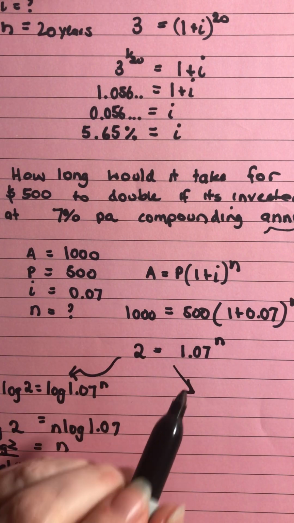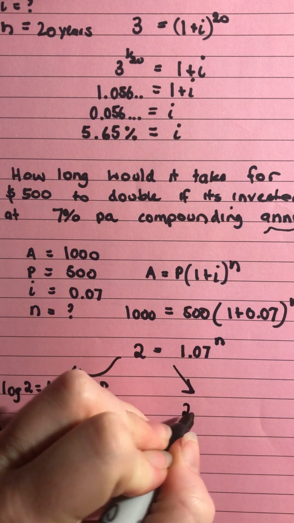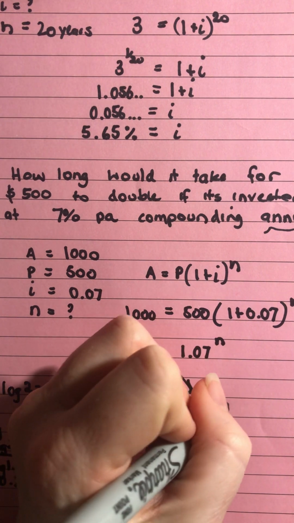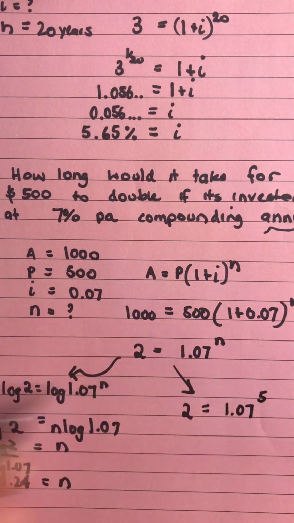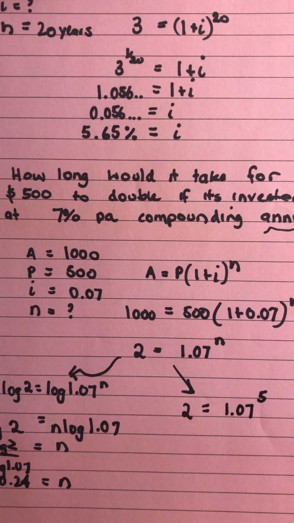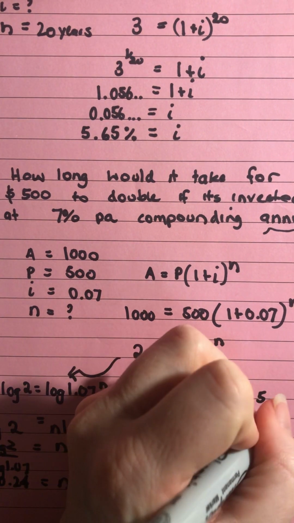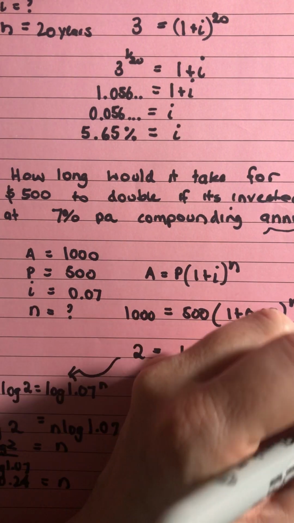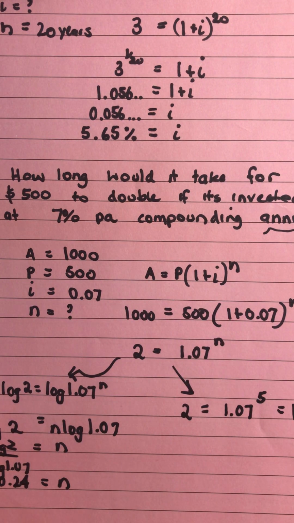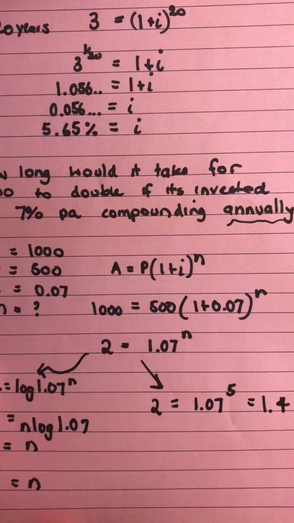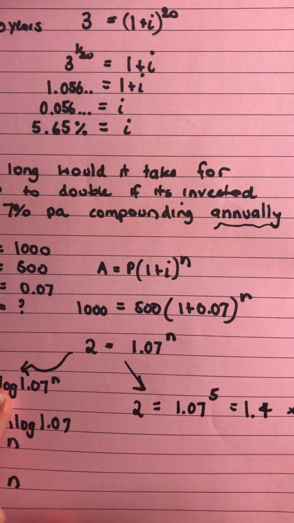So then we are just going to try different values. So we might go, okay, what does 1.07 to the power of 5 equal? And we go, okay, well that's 1.4. So not close enough to 2 yet. So then we can try to do a bigger number.